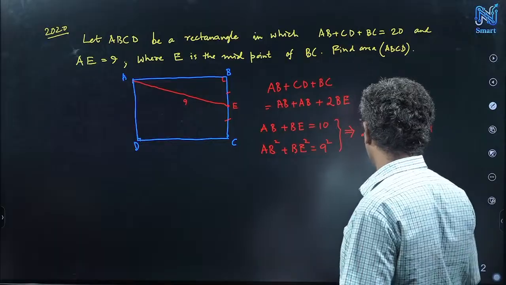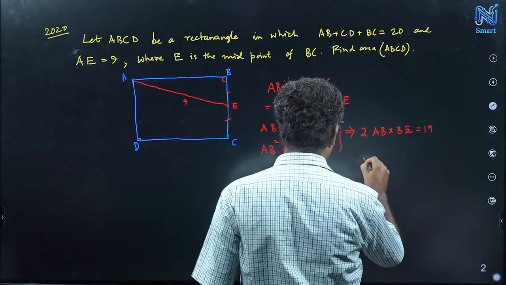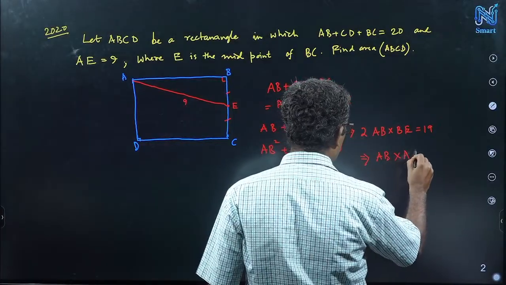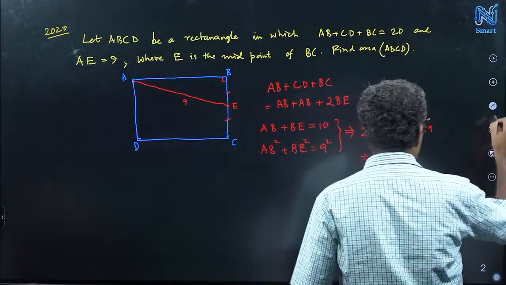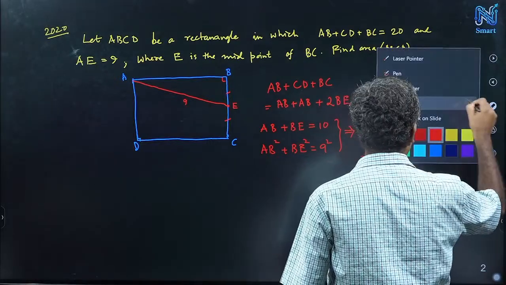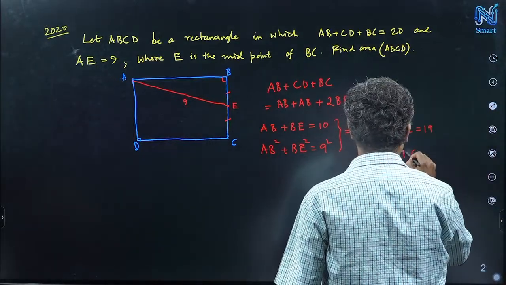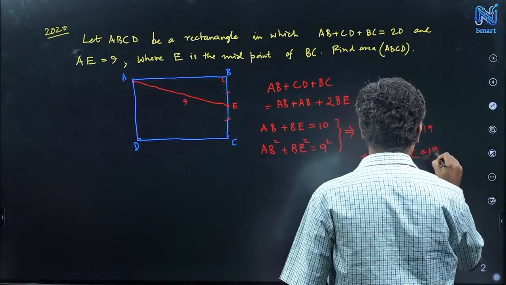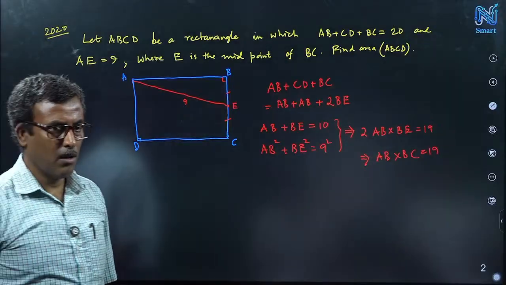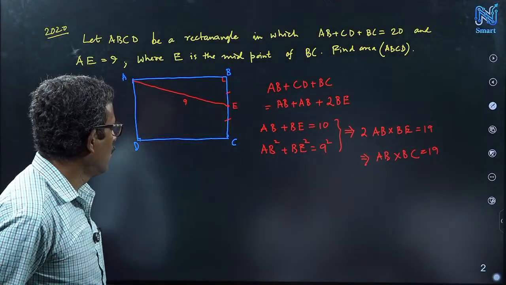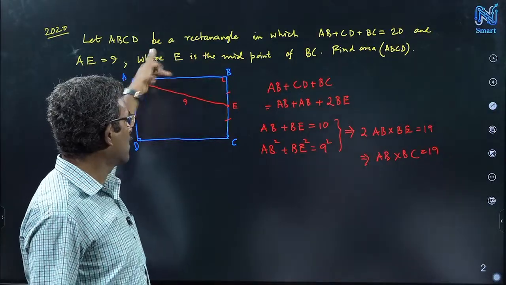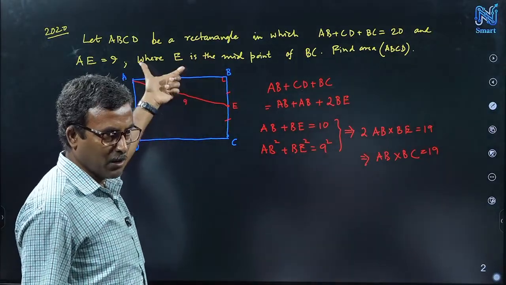But what is 2BE? 2BE is BC. So it is AB into BC. So that is the area of the rectangle. So area is 19. Clear? Actually we need not find the length of these two parts.